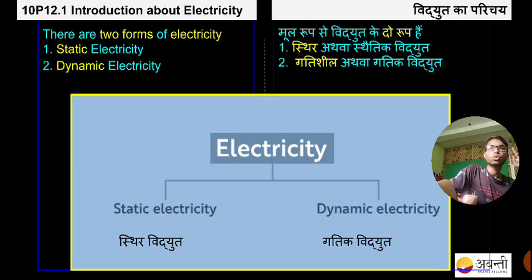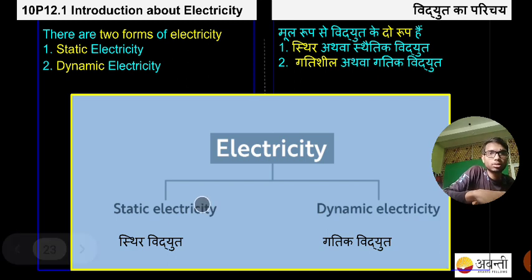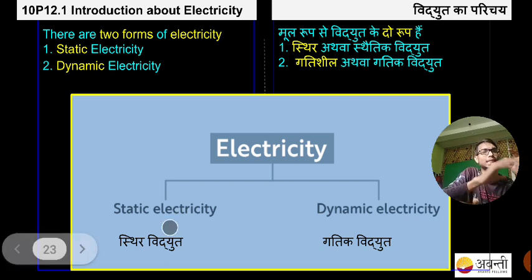Now, there are two forms of electricity. First is static electricity and second is dynamic electricity. Static means rest and dynamic means in motion. If electricity is at rest, it means it is not working.